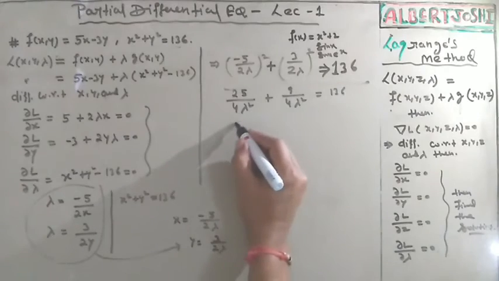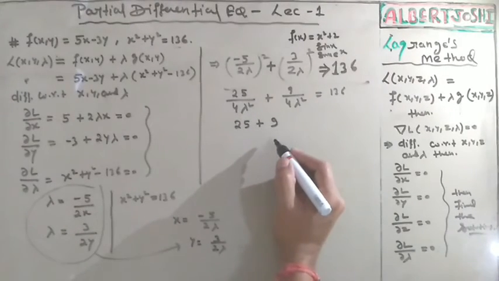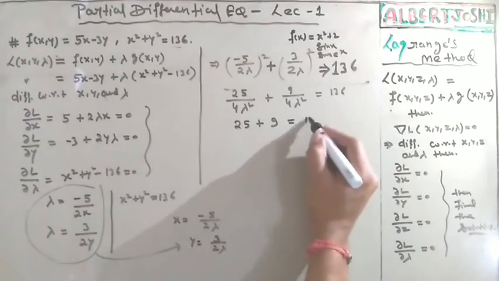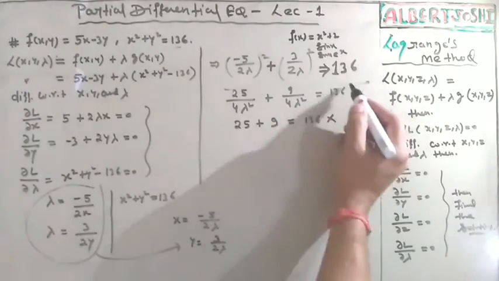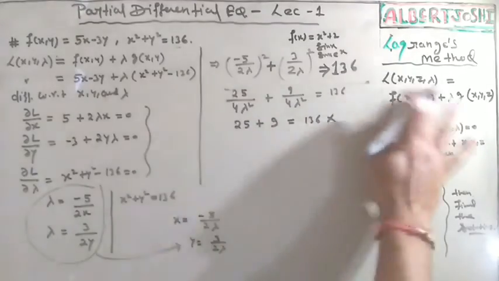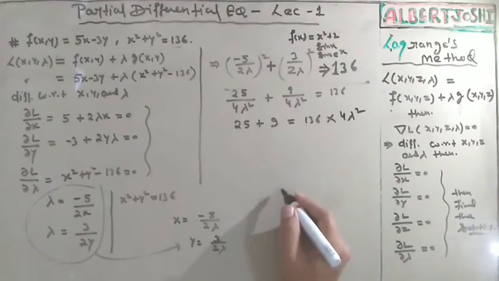So now you can write 25 plus 9 is equal to 136 into the 4 lambda square, where you multiply 4 lambda square here.